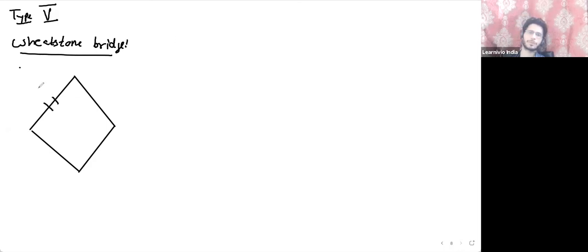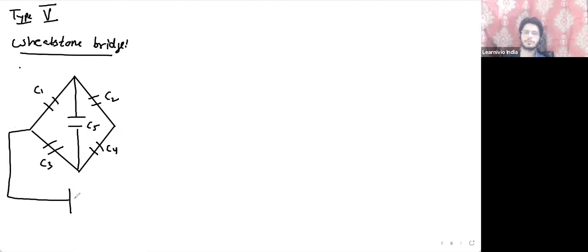I'm making it with capacitors first: C1, C2, C3, C4, C5, and this is the cell.